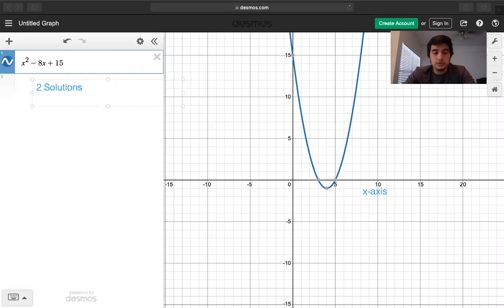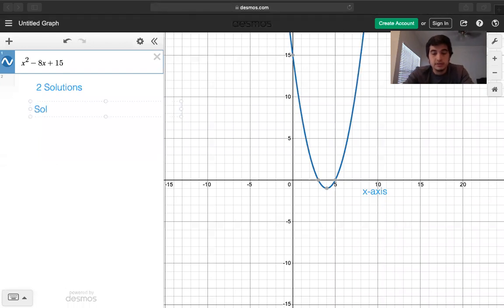Now, those solutions are, all you have to do is highlight over these gray dots. That's the cool part about Desmos, it does all the work for you. So my solutions are 3, 0. Let me write that over here.